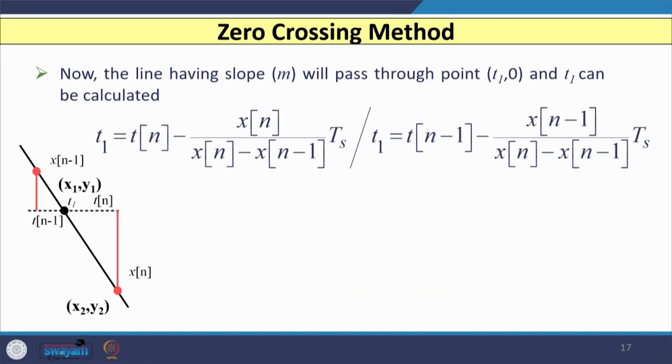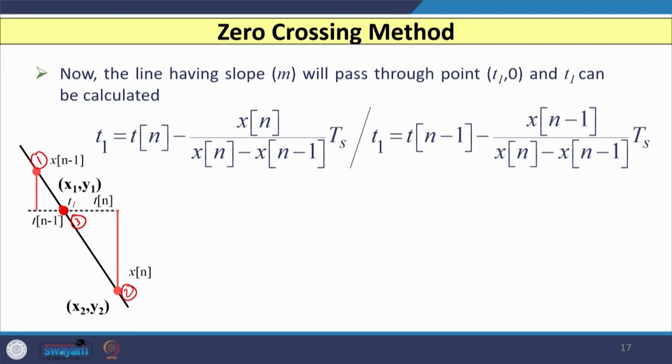Now, we want to determine this point, that is the exact timing of zero crossing. Between these two samples 1 and 2, we can consider either sample number 1 and 3 because slope m is known, or sample number 3 and 2, and then you can determine the exact time. Let us say for sample number 3, which is unknown, we have x1 and y1 points, and we are utilizing samples 3 and 2 to calculate this time.